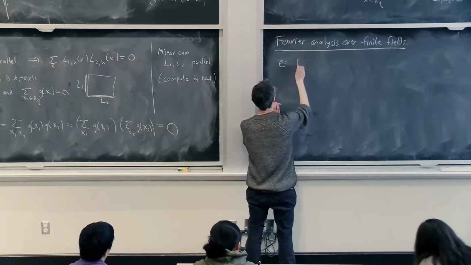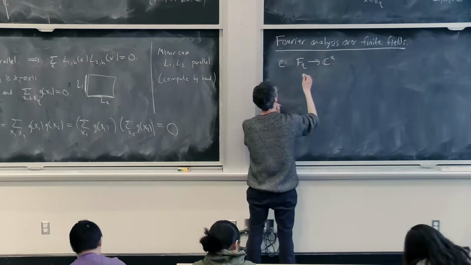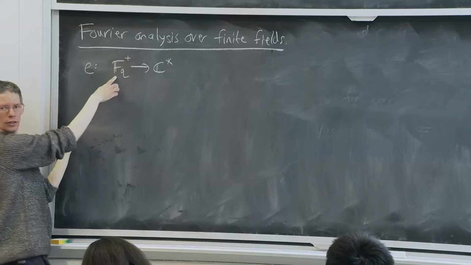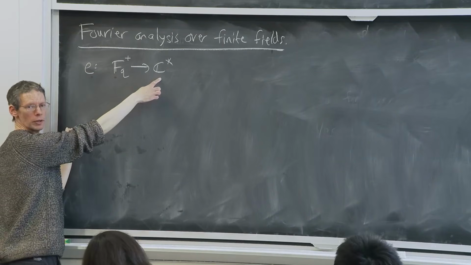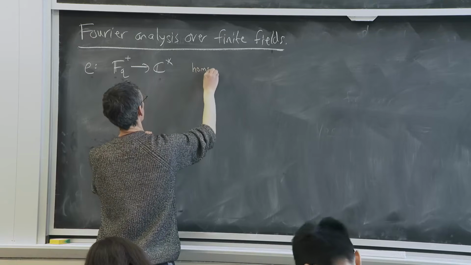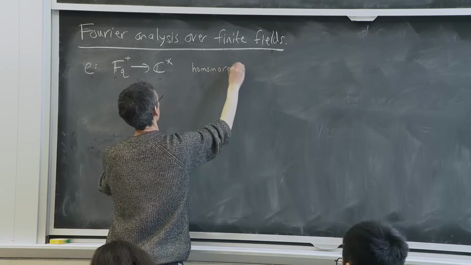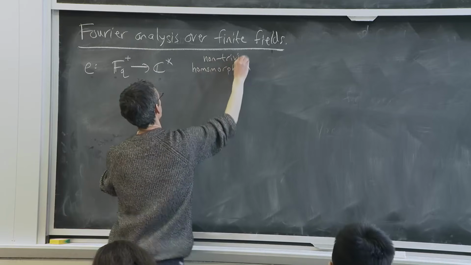So I'm going to call it E. So E is a map from FQ to C star. Think of it as FQ with addition. So this is a group, an abelian group. That's an abelian group, complex numbers with multiplication. This is a homomorphism. And I want it to be non-trivial. Does not just send everything to 1.